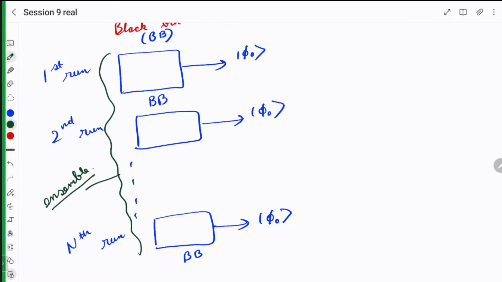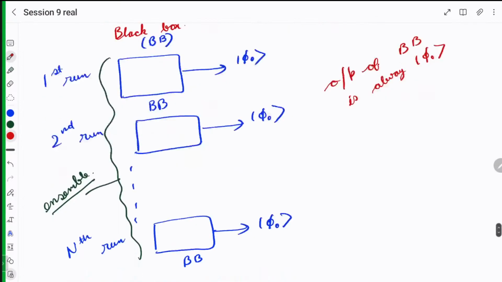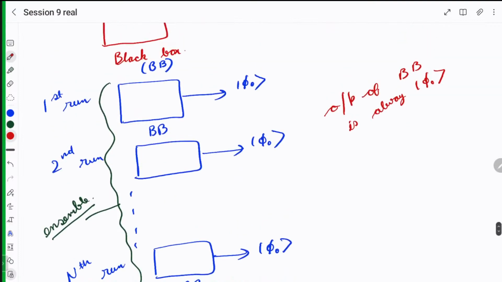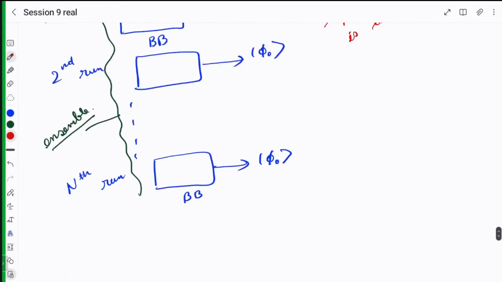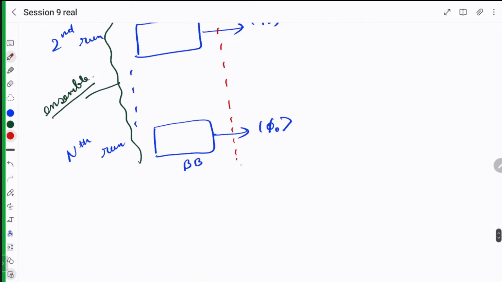We see here that the output of the black box is always |phi naught>. If the black box always gives me the same output, and we ask what the state of the system is, we would say that the system is in a pure state.